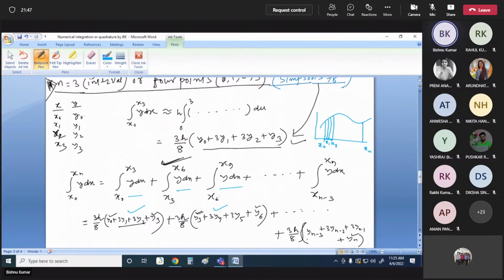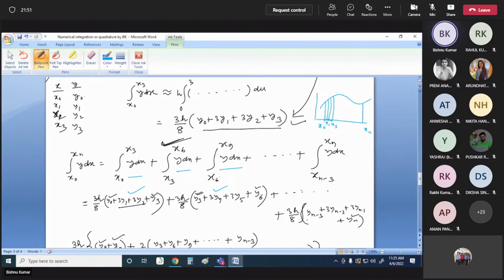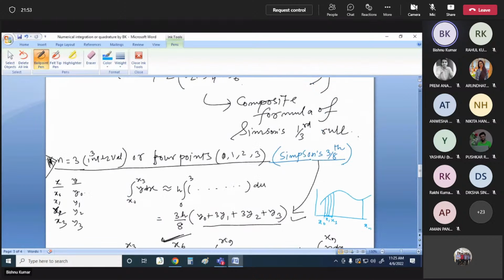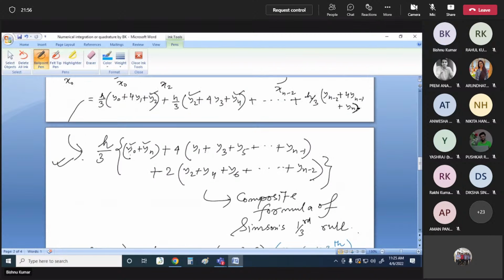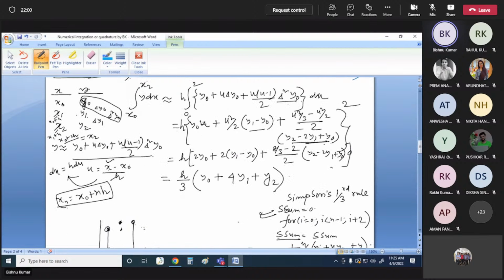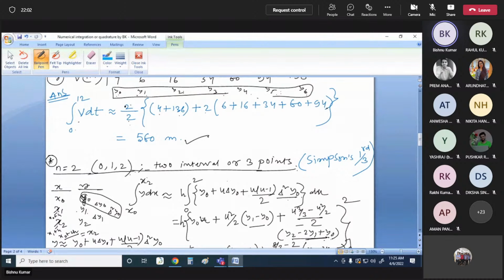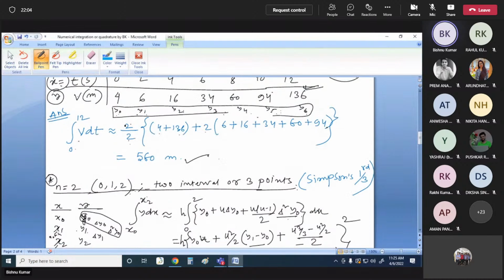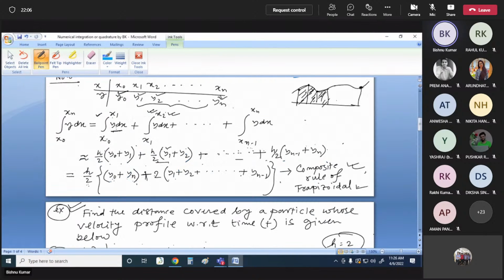Okay, it is a multiple of 3. Simpson one-third rule is applicable for an even number of subintervals, but the trapezoidal rule is applicable for any number of subintervals, because the composite formula is built using one separate interval each time. So it can be odd or even, whatever it is.